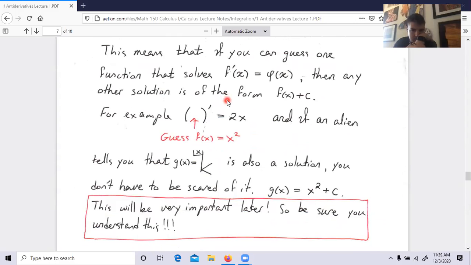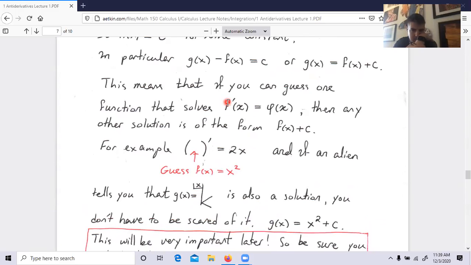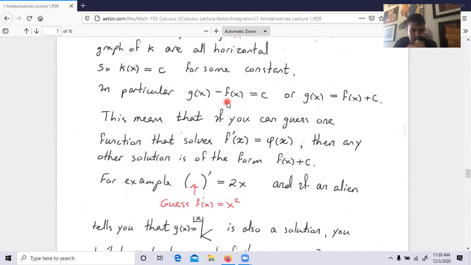I'm not sure how you would enjoy this. Imagine that some alien finds you a function, and the function is written this way, with a very weird symbol, x over here. And it's told that the derivative of this function is 2x.